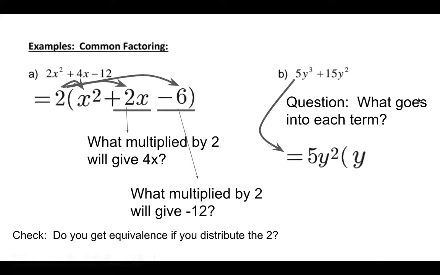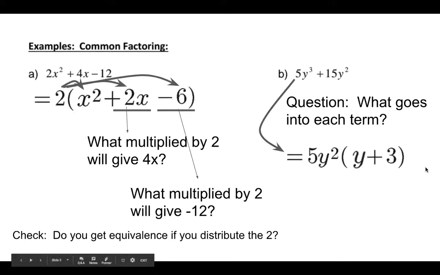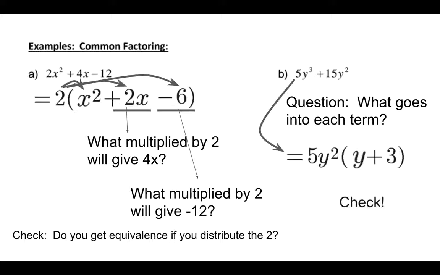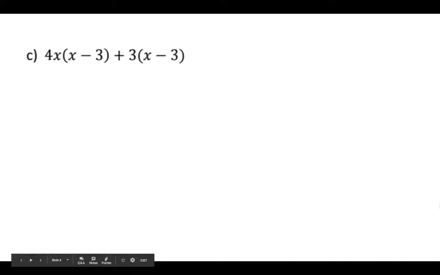So it's y. And 5y squared times what will give you 15y squared? It's plus 3. And so this is factoring. It's writing an expression as a product of 2 or 3 other expressions. And again, we can check just to make sure. When you expand it back out, you're getting the right answer. When you say equals, they have to actually be equal.